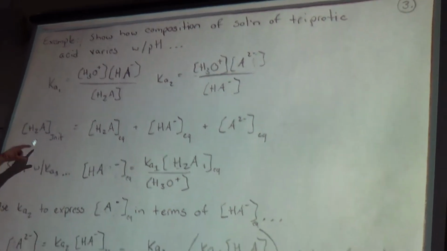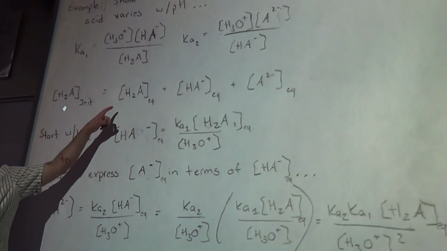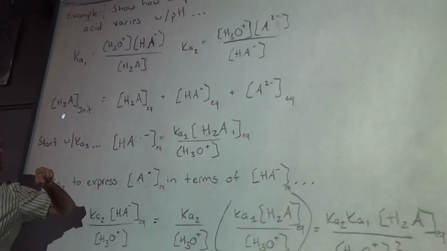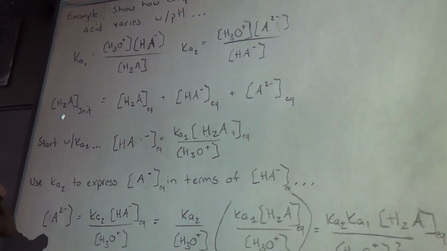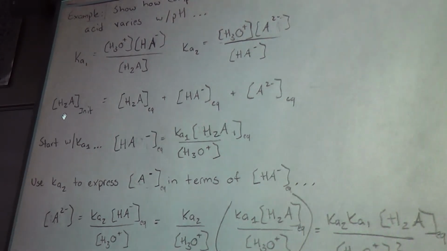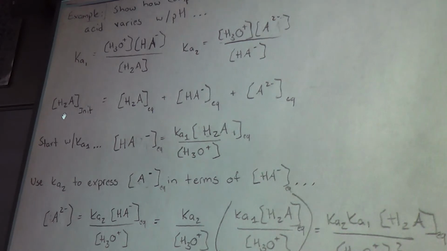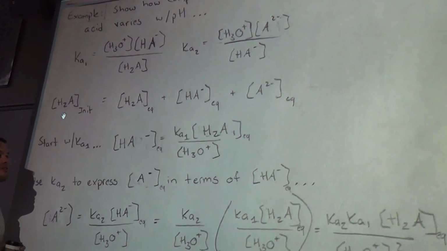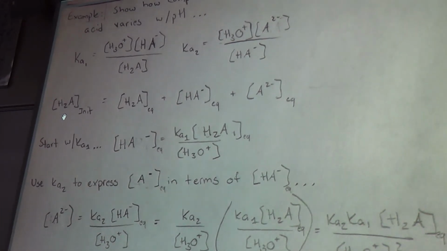That total is going to be equal to the equilibrium concentration of H2A plus the equilibrium concentration of HA- plus the equilibrium concentration of A2-. And so what we're going to want to do is obtain expressions for all of those concentrations. We can start with Ka1 to write out the equilibrium concentration of HA- in terms of the equilibrium concentration of H2A. We get the HA- concentration is Ka1 times conc H2A over conc H3O+.